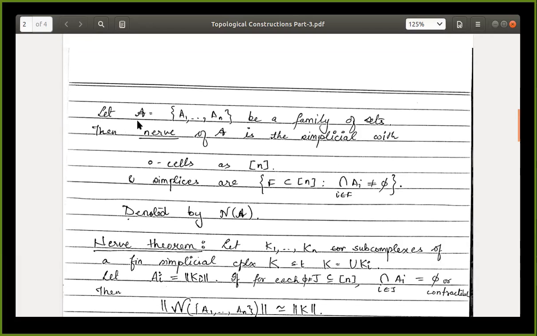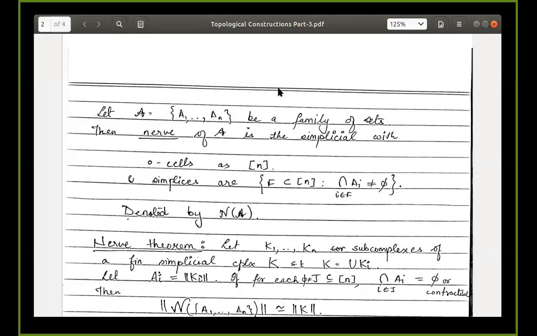So let's say A is a family of sets. This calligraphic A is a family of sets A_1, A_2, ..., A_n. Then the nerve of this family is a simplicial complex, and it is defined as follows.